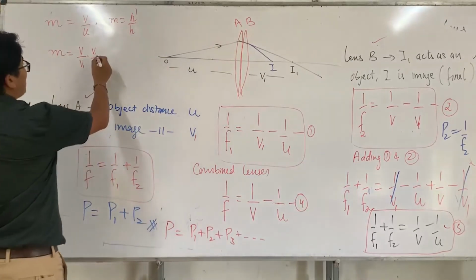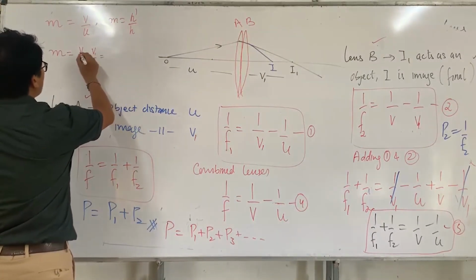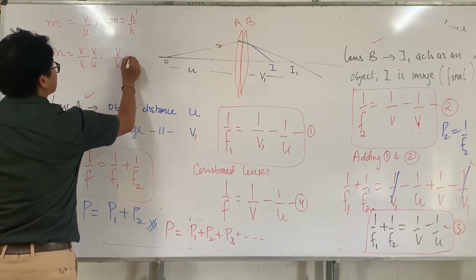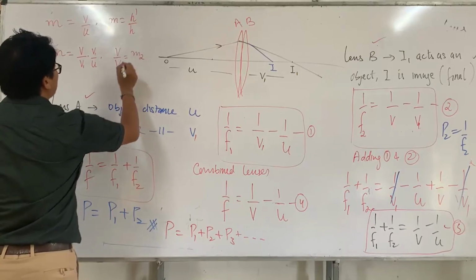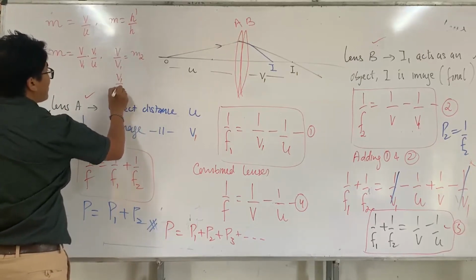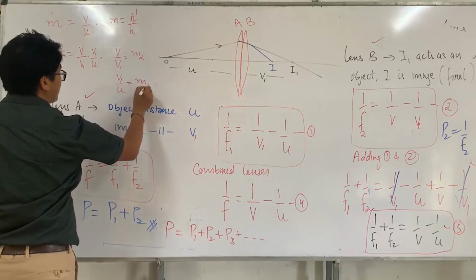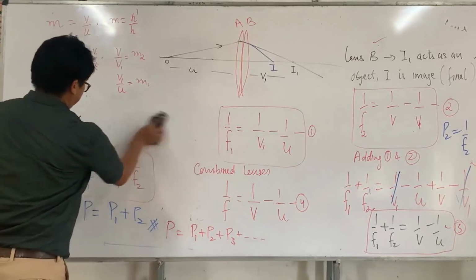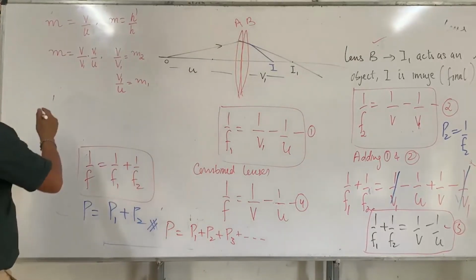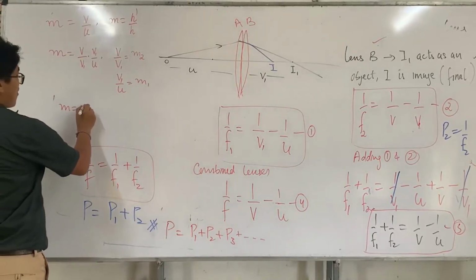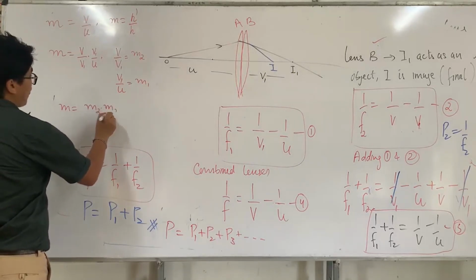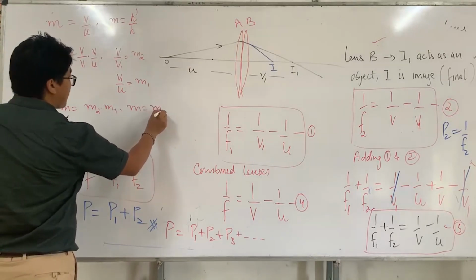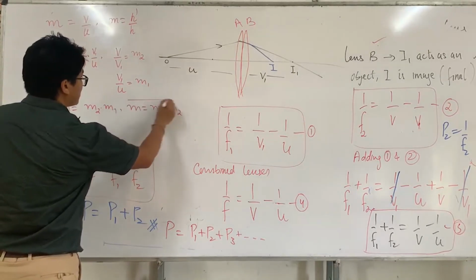Alright. So therefore V by V1 is the magnification for the second lens, and V1 by U is the magnification for the first lens. Therefore, if I combine, magnification is equal to M2 into M1, this can be written as M1 into M2.